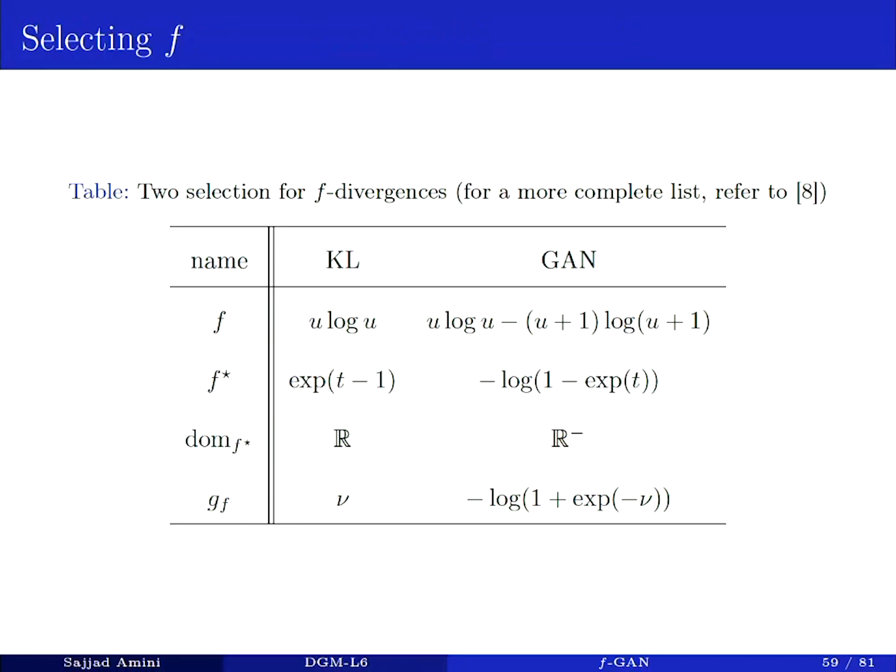For example, if f is u log u, then f star would be exponent of t minus 1. We don't want to know how they can be calculated. Just pay attention that the definition is this one, and as a result, the convex conjugate for the function u log u is exponent of t minus 1.